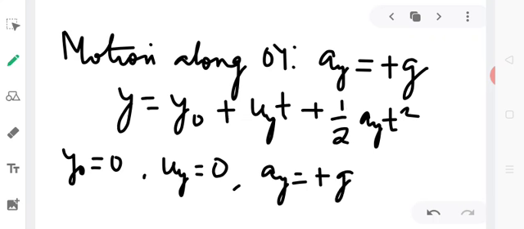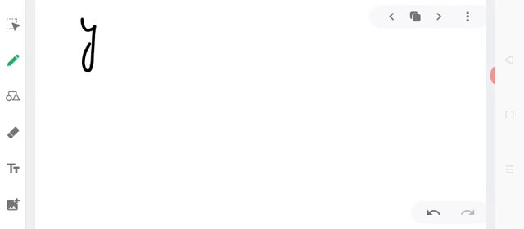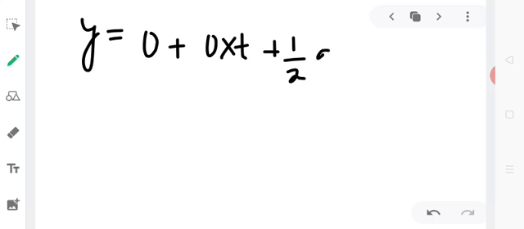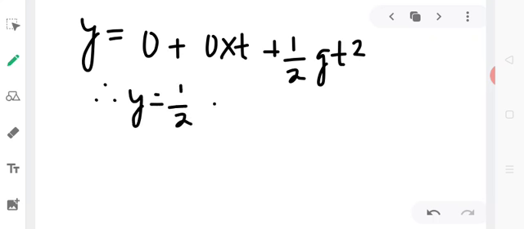So putting these values in the above equation, we get y equal to 0 plus 0 into t plus half gt square. Therefore, y is equal to half gt square.